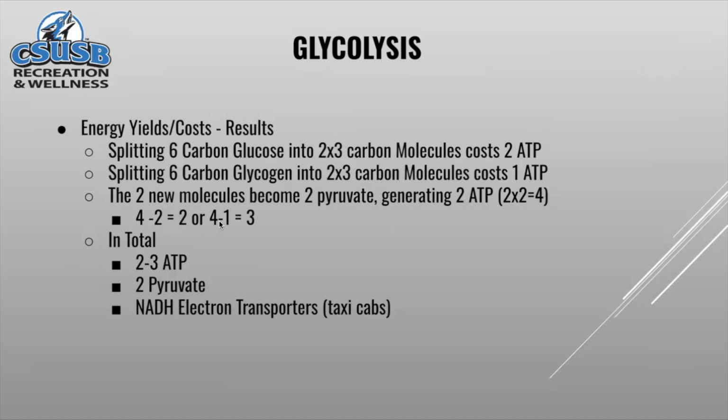When it's glycogen, we only have that one ATP cost, and we'll have three ATP left over. So in total, from the initial step of glycolysis, just from splitting the glucose up, we have a 2 to 3 ATP yield. And we still have this pyruvate left over, and we have leftover NADH electron transporters, which will be called taxicabs. You'll see what they're used for later.